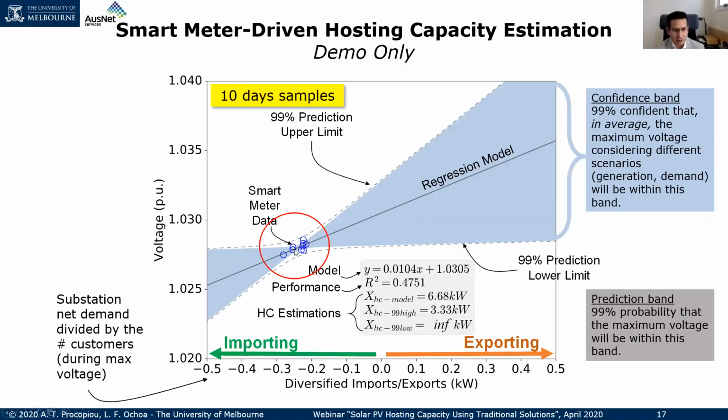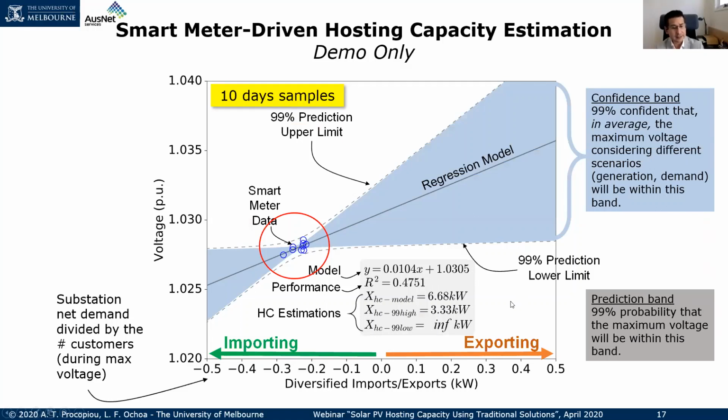These little blue circles represent smart meter data that you have at that point. With all these points, you can produce, with regression techniques, an approximation of what might happen for other diversified imports or exports. So, let's suppose you choose 0.3, it goes up to this line, and you end up with perhaps around 1.0325 per unit. That's the idea.